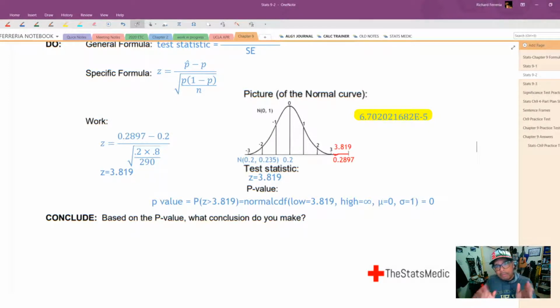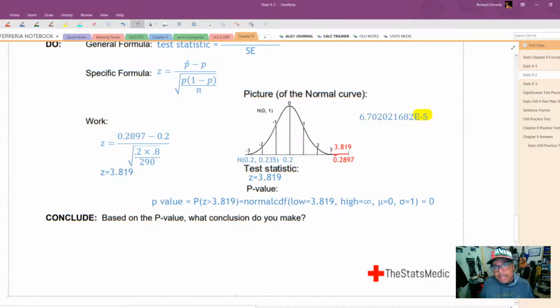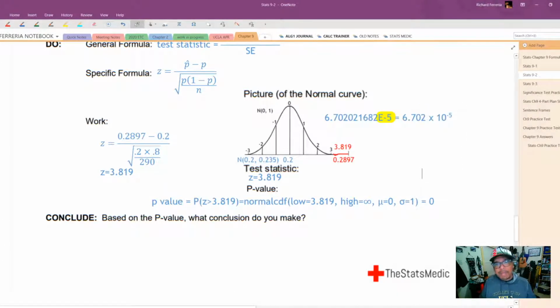So be careful, be on the lookout, and the thing you're looking out for is E -5 at the very end of your calculator. That is scientific notation. That's the same thing as times 10 to the -5, the same thing as 6.702 times 10 to the -5th power.